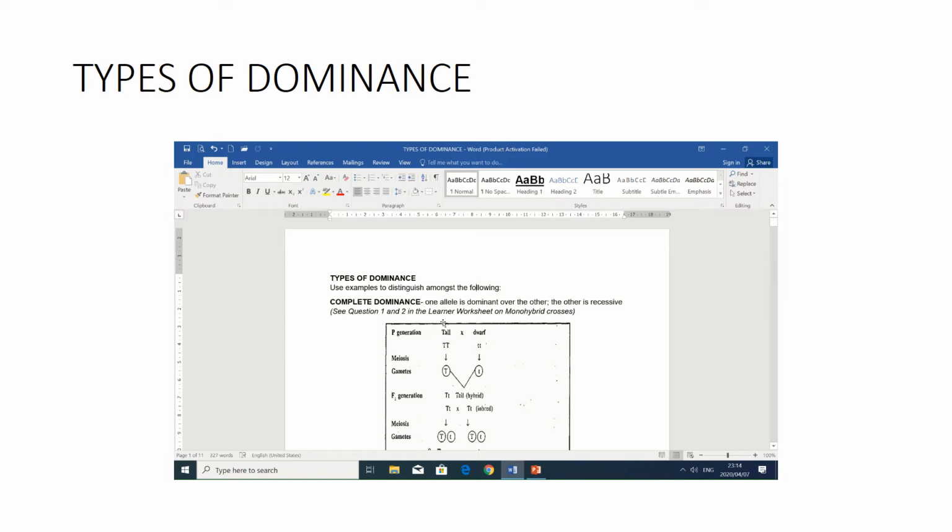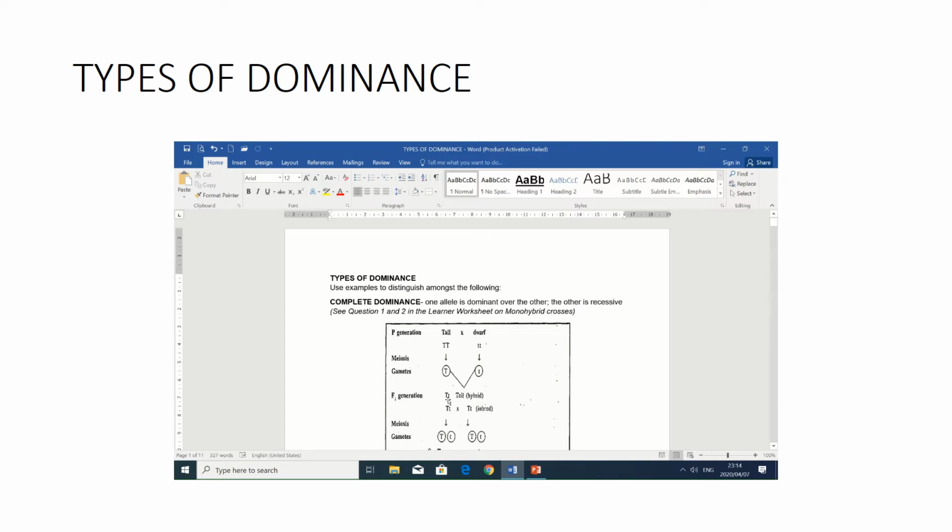This example illustrates what we call complete dominance, because when we crossed a homozygous dominant plant with a homozygous recessive plant, all the resulting offspring expressed the characteristic controlled by the dominant allele. All our F1 offspring were tall, although the offspring did contain the recessive allele, but the recessive allele was masked by the dominant allele.